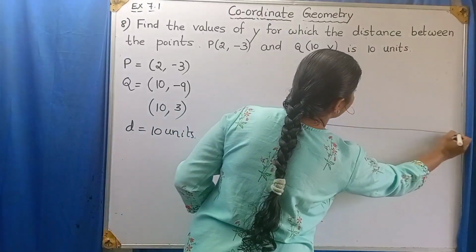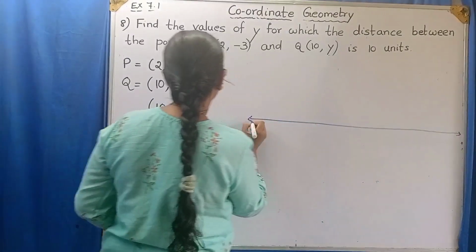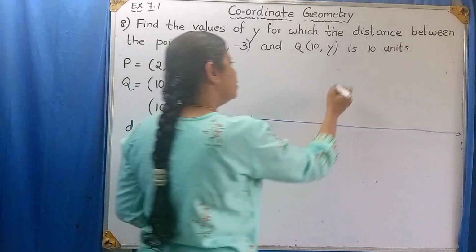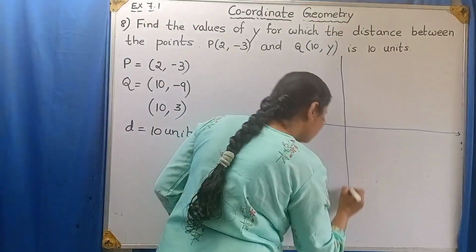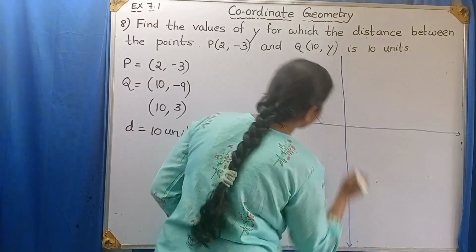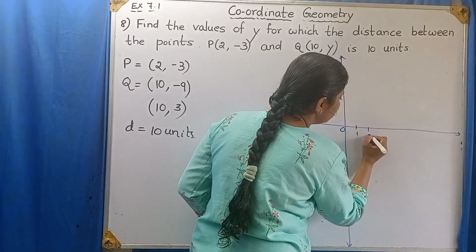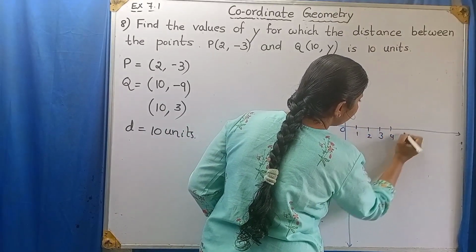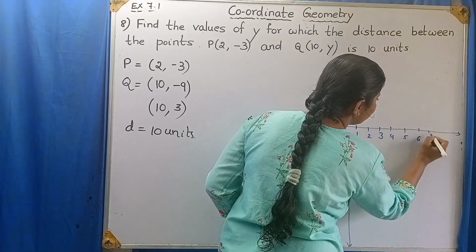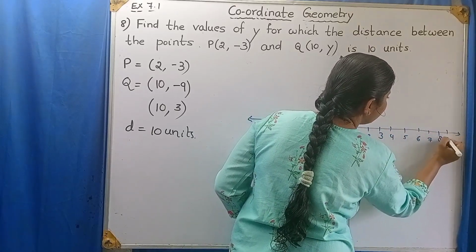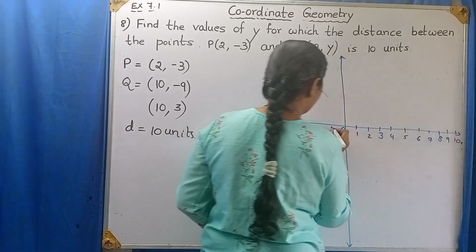This is our x-axis. And this is our y-axis. 0, 1, 2, 3, 4, 5, 6, 7, 8, 9, 10.